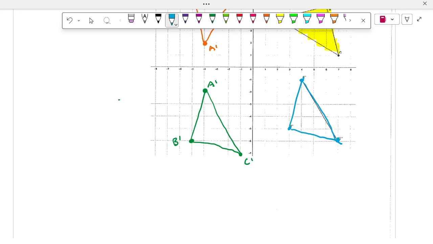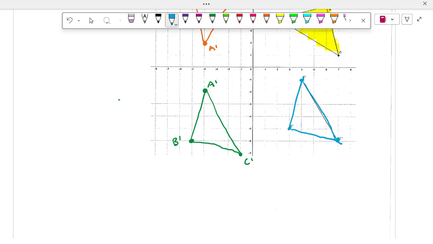Like, for example, if you reflect across the x-axis and then you rotate, or how about this?